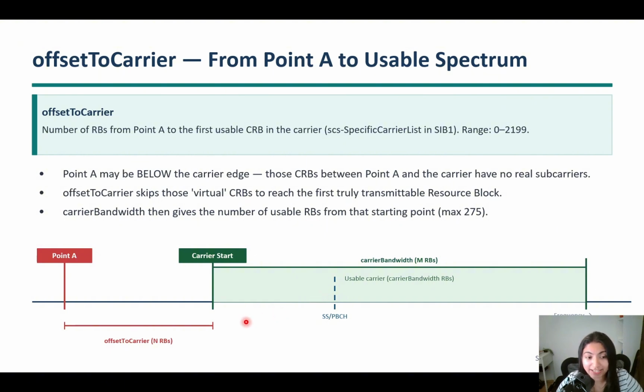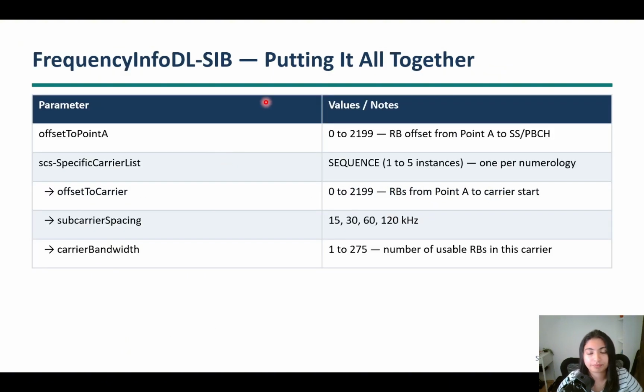Once the UE has all these values from SIB1, it has a complete, precise frequency map of the carrier. Every subcarrier and every resource block has an unambiguous position related to point A. This frequency info downlink is the SIB1 parameter that delivers all this information to the UE.